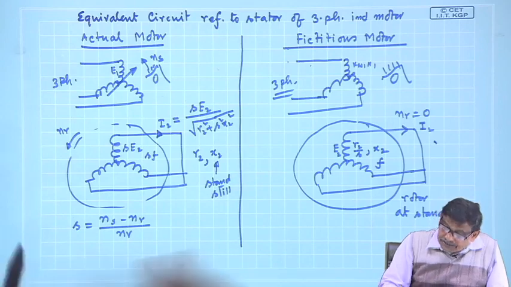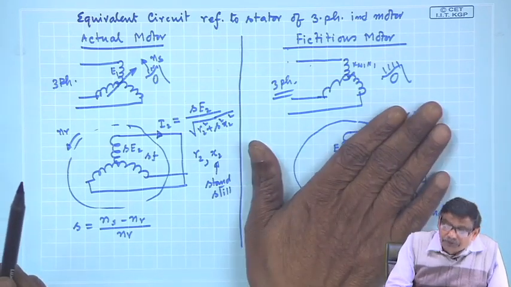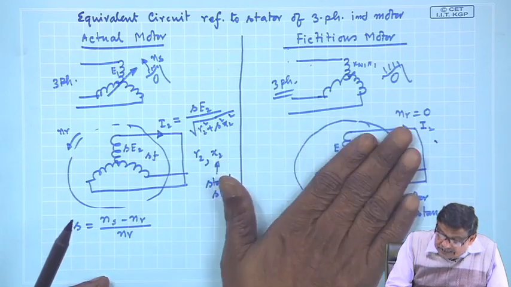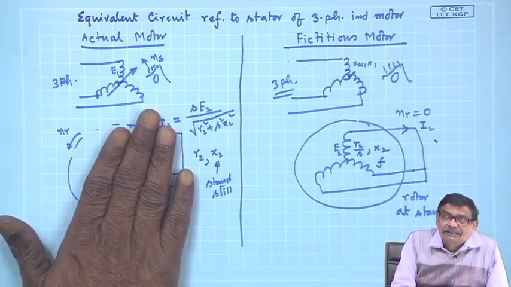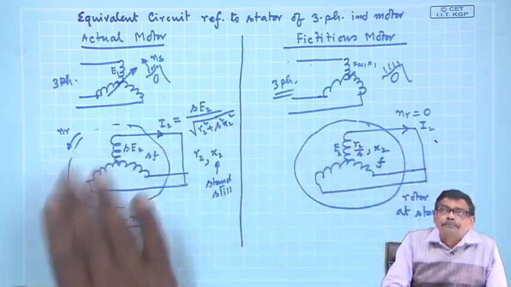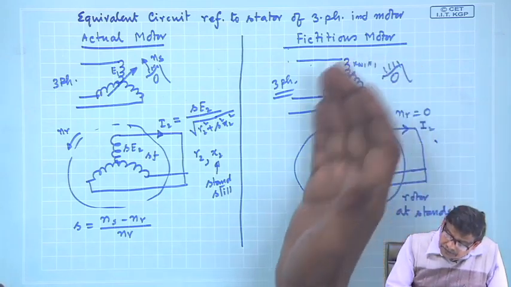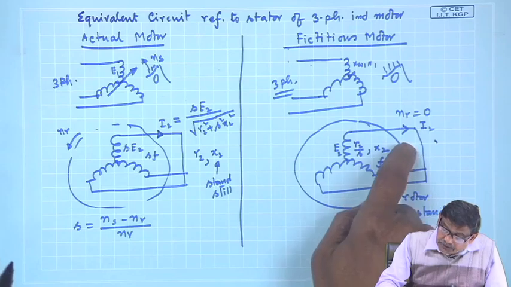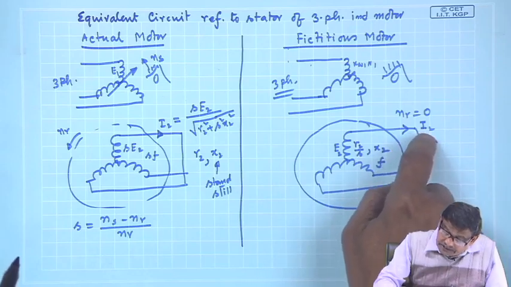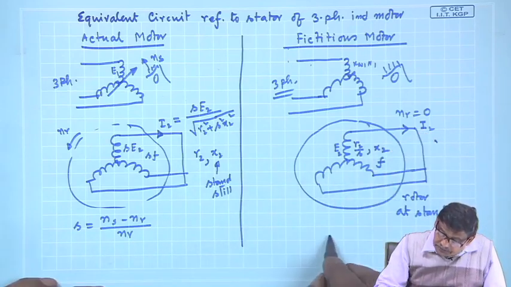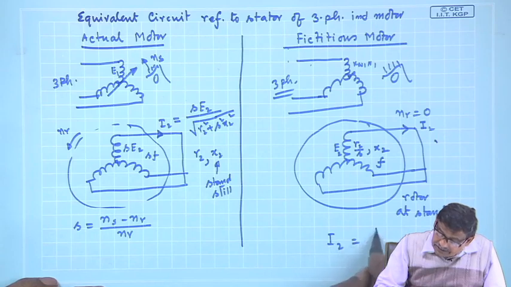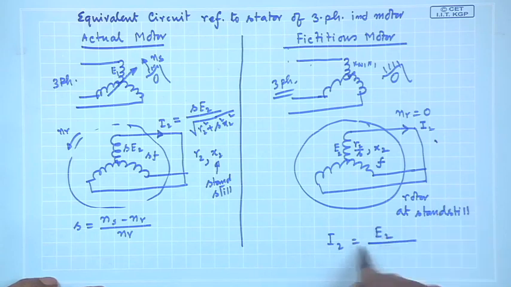Now, the question is, this rotor rotating magnetic field in this case and in this case will be the same, because the rotor rotating field, its amplitude is decided by this I 2, and this I 2 RMS value of the current is the same as the RMS value of this current number-wise.